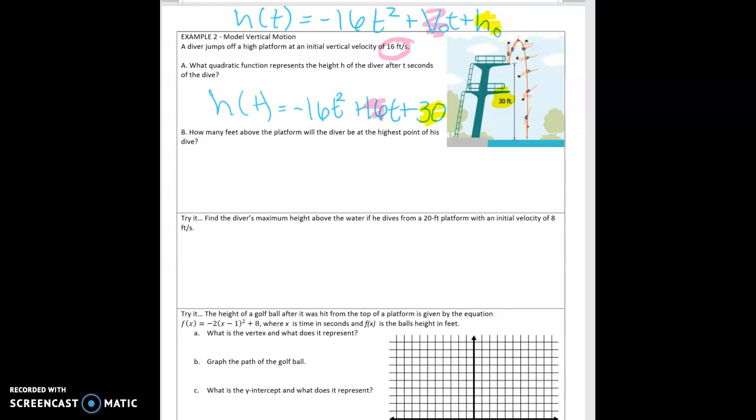So how many feet above the platform will the diver be at the highest point? So we want this point up here. This high point right here. We want the vertex, right? So we're going to go ahead and use what we've learned in previous notes, and we're going to find the vertex.